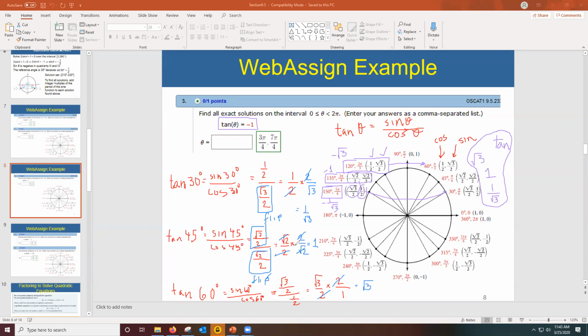All right, so the only reason I went to this trouble is to help you figure out the tangent of every angle on the unit circle. If you want, a good idea is to write this down on your copy of the unit circle, so you can do it once and not have to repeat the tangent calculations. All right, well, with all that, let's go back to this problem.